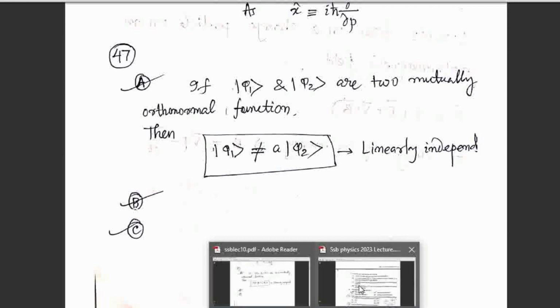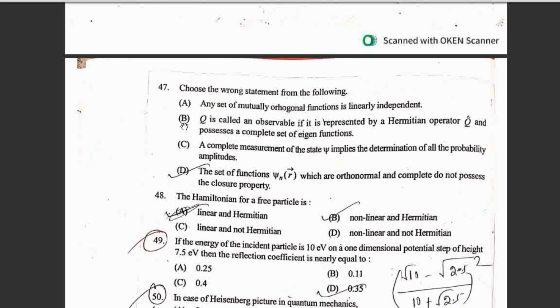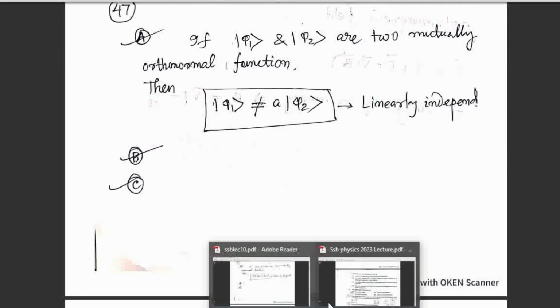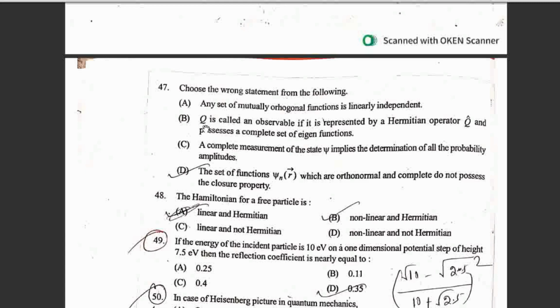But we have to choose the incorrect statement. So let's come to option B. Q is called an observable if it is represented by a Hermitian operator Q and possesses a complete set of eigenfunctions. This is also correct. Why? In quantum mechanics, if you want to represent any observable as an operator, that operator should be a Hermitian operator.